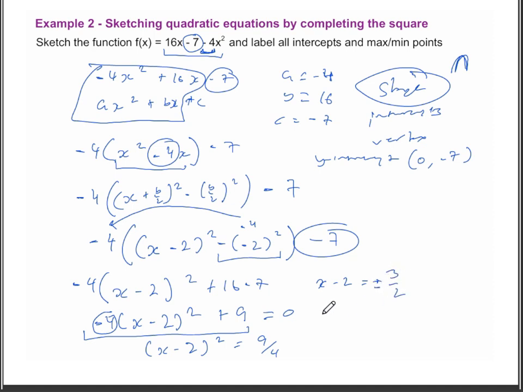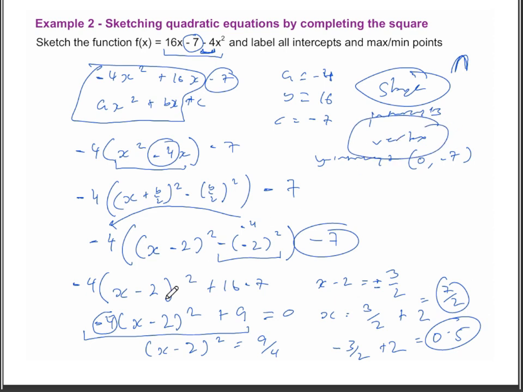This gives us x equals 3 over 2 plus 2 and -3 over 2 plus 2, which gives 7 over 2, so 3.5, and 0.5. These are your two x-intercepts.